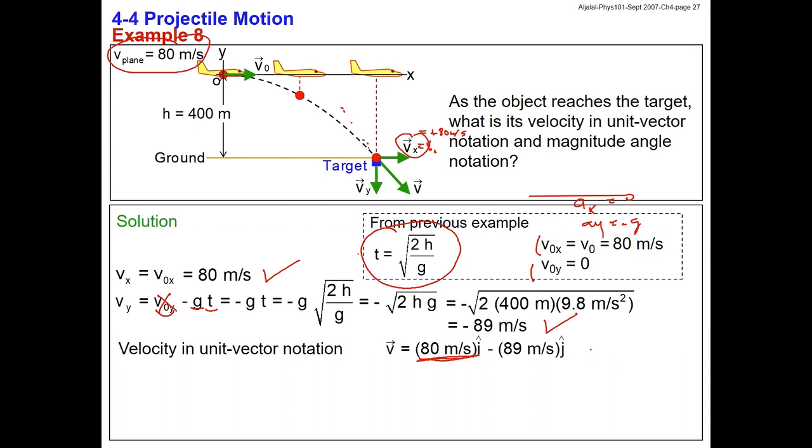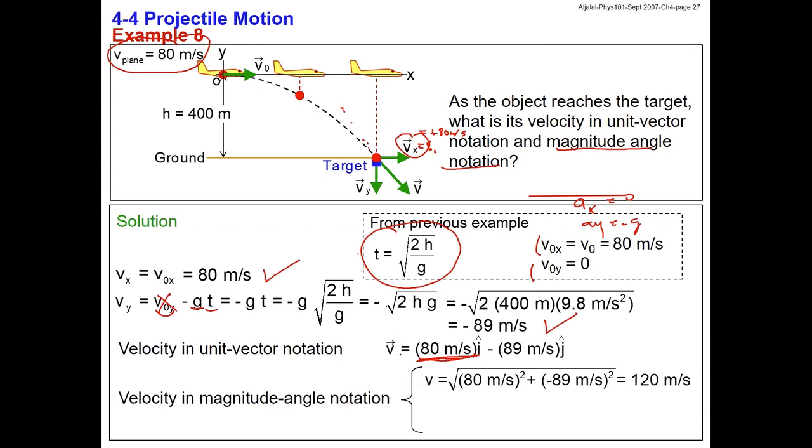Now, once I get it in unit vector notation, I can get it in magnitude angle notation or magnitude direction notation. Of course, magnitude of v will be vx squared plus vy squared. So magnitude of v is square root of 80 squared plus 89 squared. And this will give me 120 meters per second. And what is the angle?